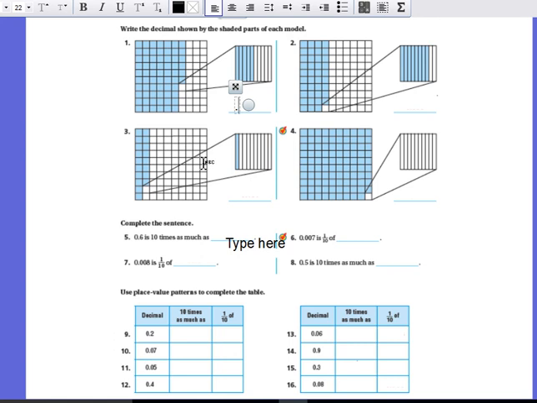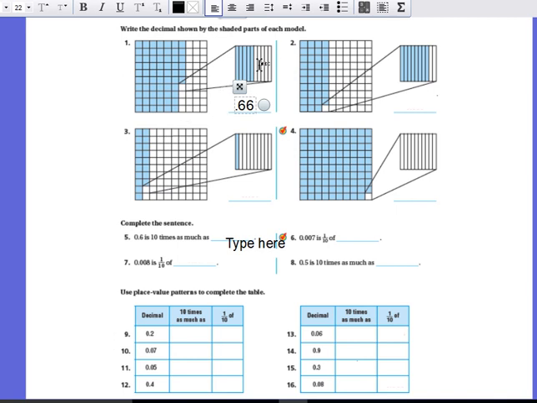Now I have to ask myself, how many tenths are completely shaded in? 1, 2, 3, 4, 5, 6 tenths are completely shaded in. So in the tenth spot, I put a 6. Now I'm going to check my hundredth spot. I've already taken care of the tenths, so now I'm going to do the hundredths. 1, 2, 3, 4, 5, 6. 6 hundredths are shaded in.